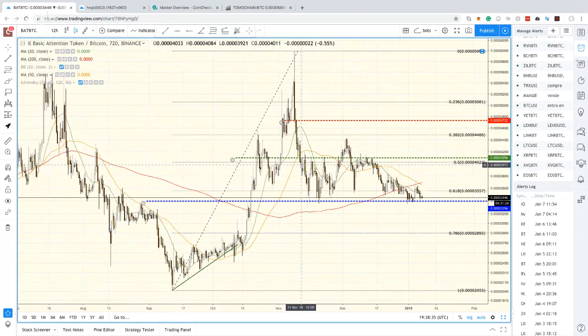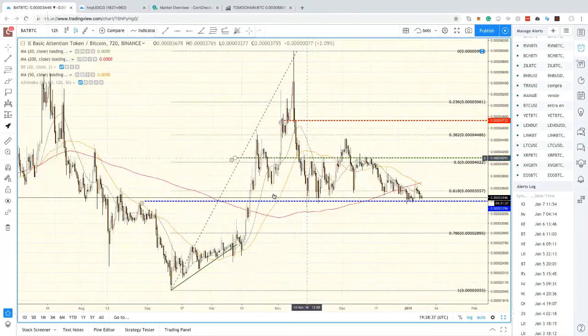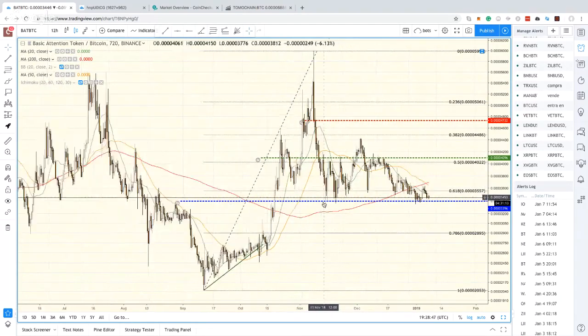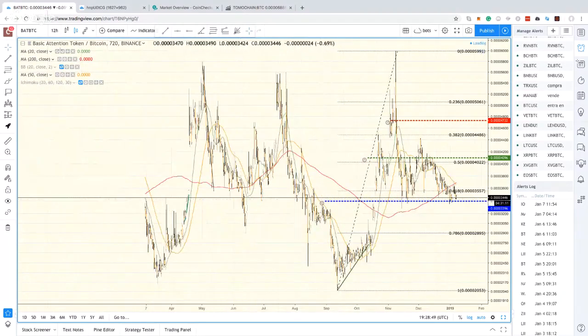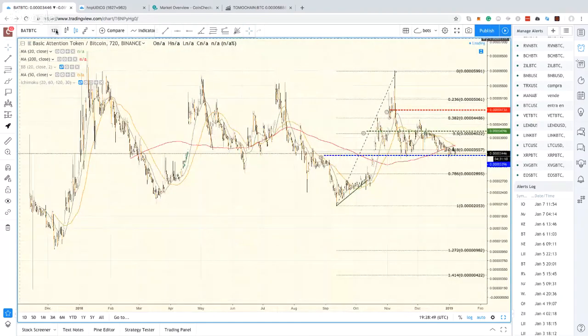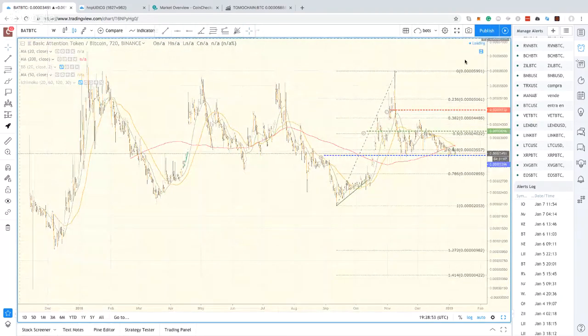Yeah, but I don't like it. Look how it went really fast, and then there was no distribution here, and it dumped really, really fast. Let's see what the weekly is telling us.